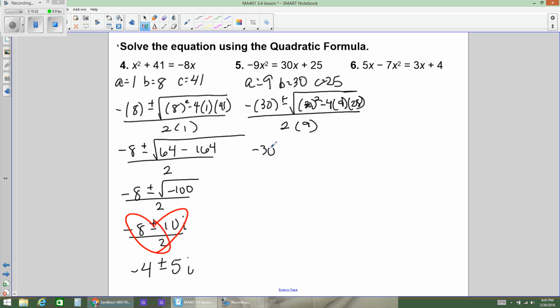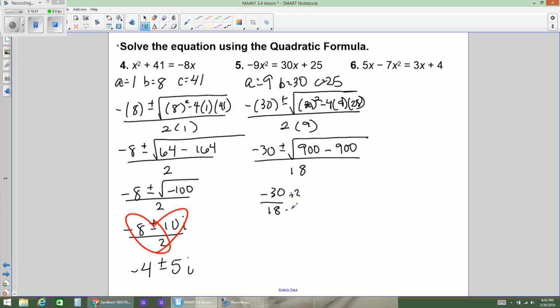Alright, so that's negative 30 plus or minus the square root of 900. It's going to be a minus sign. 4 times 25 is 100, and 100 times 9 is 900, all over 18. So I get a 0 under the radical. So I get negative 30 over 18. I have to reduce.